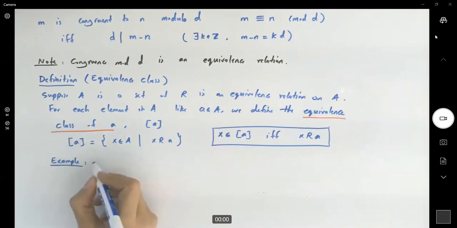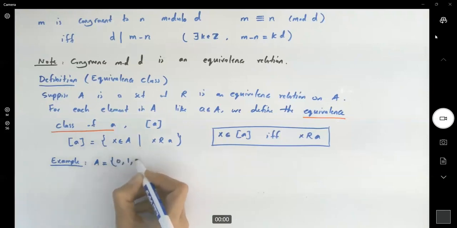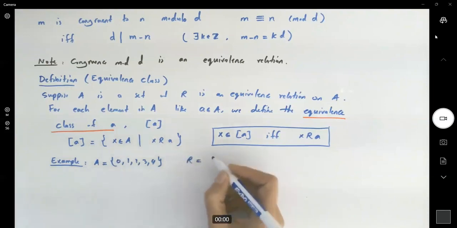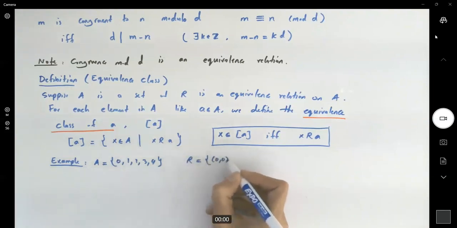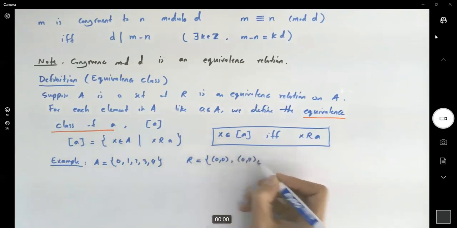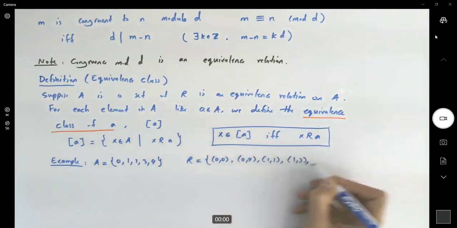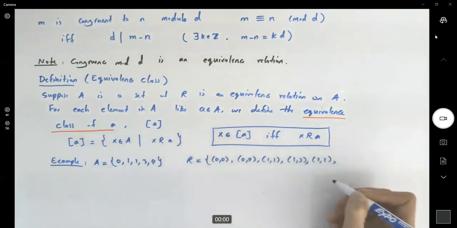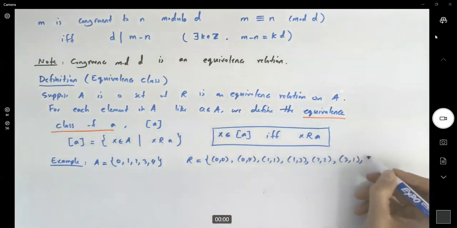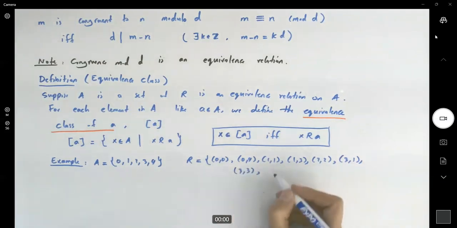I'll give you set A with members 0, 1, 2, 3, 4. And I give you a relation R, which is defined as (0,0), (0,4), (1,1), (1,3), (2,2), (3,1), (3,3), (4,0), and (4,4).